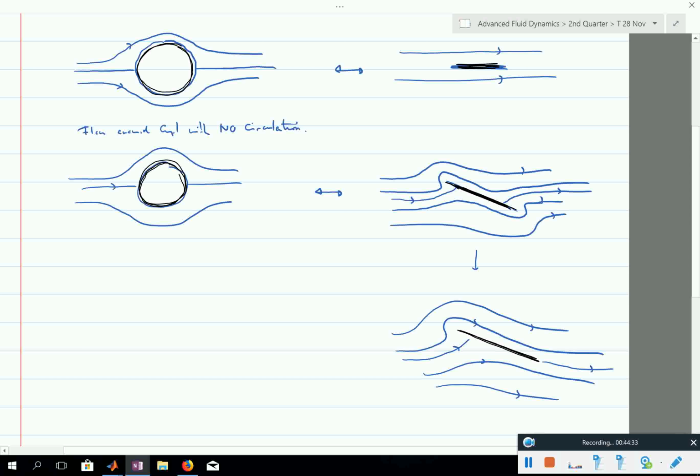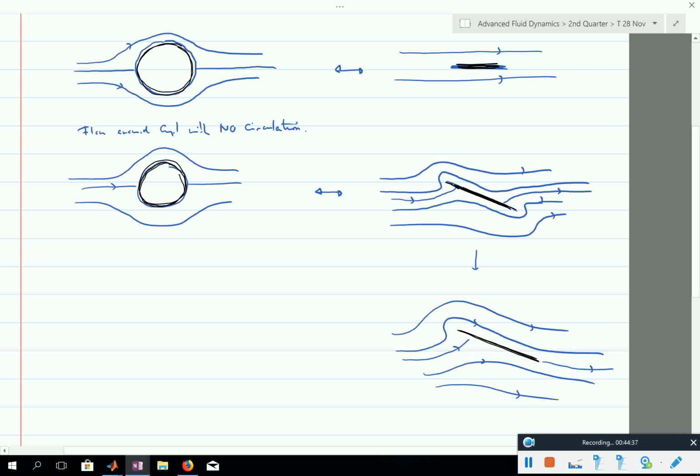Imposing this condition, you're adding some physics. This is called the Kutta condition. When you impose the Kutta condition, you do fix the value of the lift. Why?